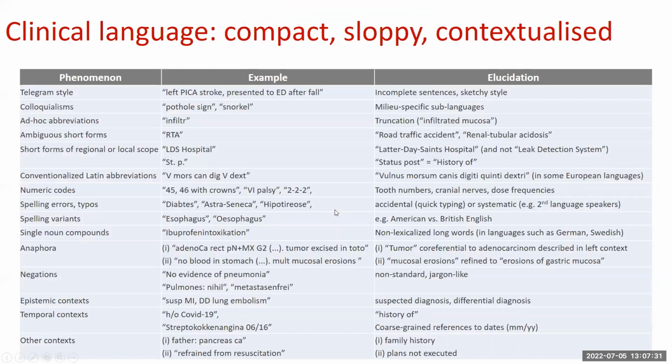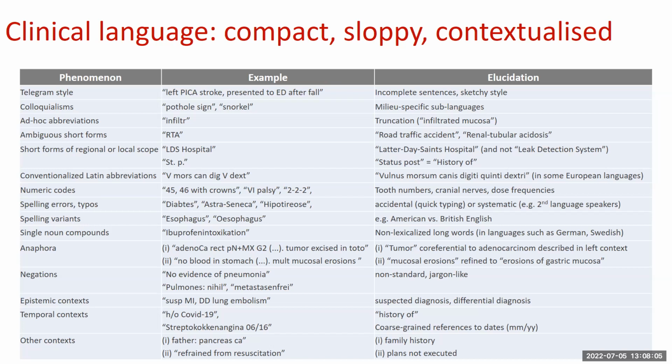So, clinical NLP focuses on clinical language, and clinical language is really different from medical language or biomedical language, the language of textbooks, of scientific papers, simply because it is really produced under time pressure, and it's also meant to be read really by people, by colleagues, by physicians, by nurses who more or less share a very similar context.